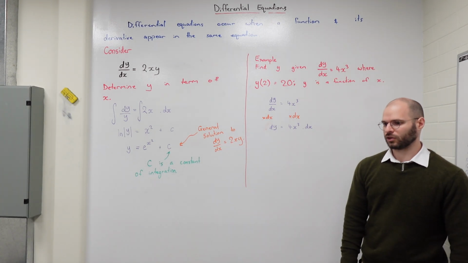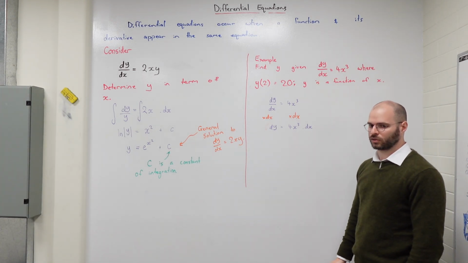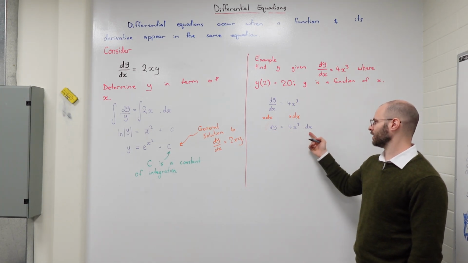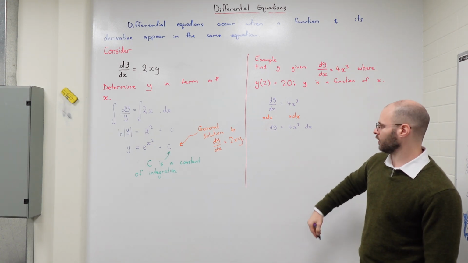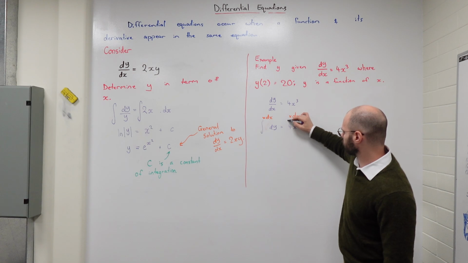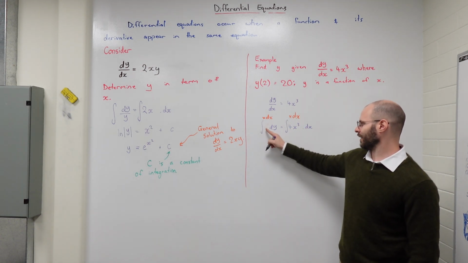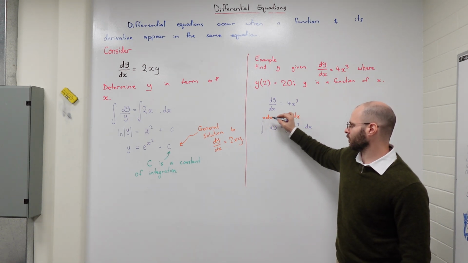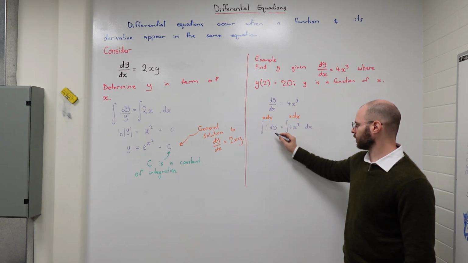Next step, which we can show on the same line: we don't want the change in y and the change in x, we just want x and y. So we integrate. There's nothing between the integral symbol and the dy, so that just becomes a 1.